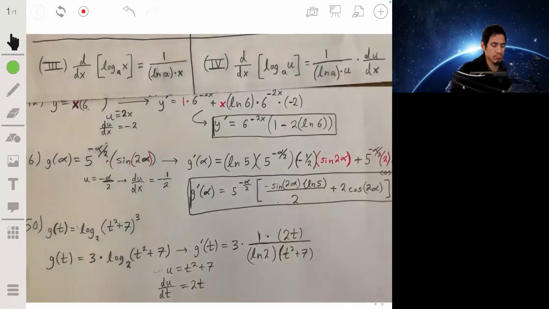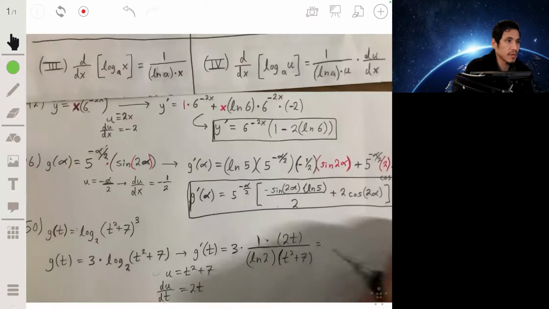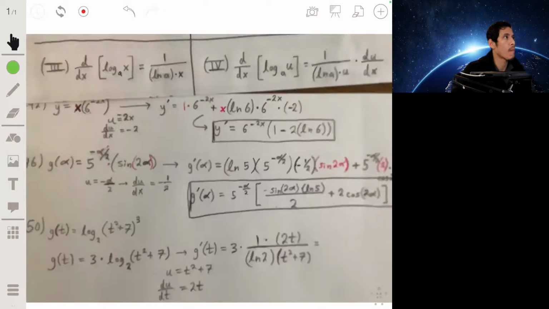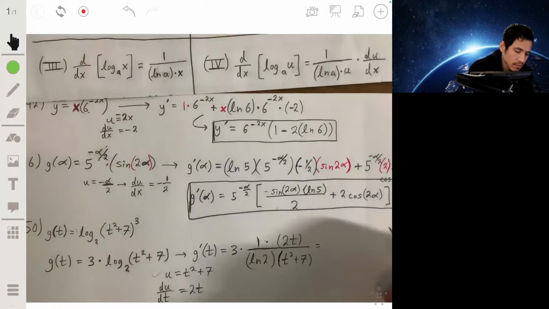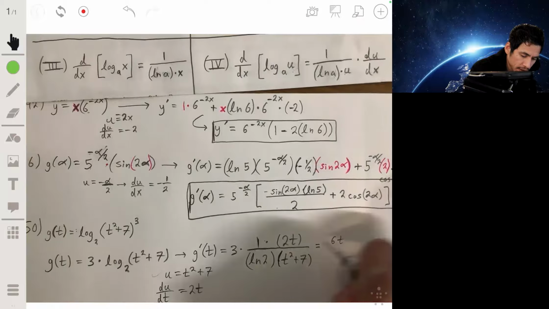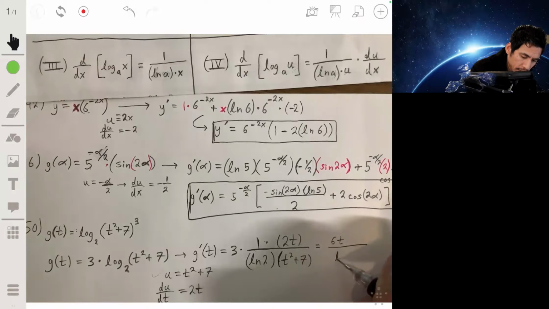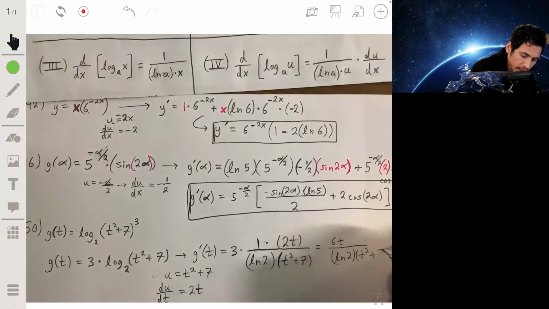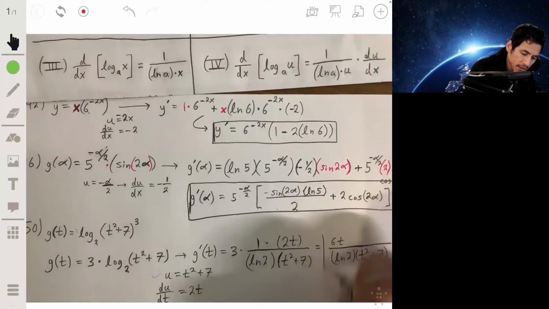That doesn't come out too messy. And so then we'll get 6t on top over the natural log of 2 times t squared plus 7 as our final answer.